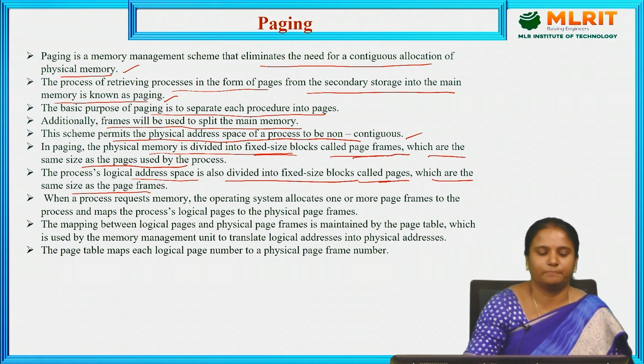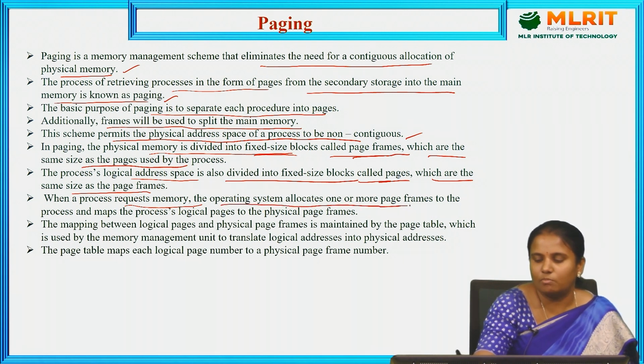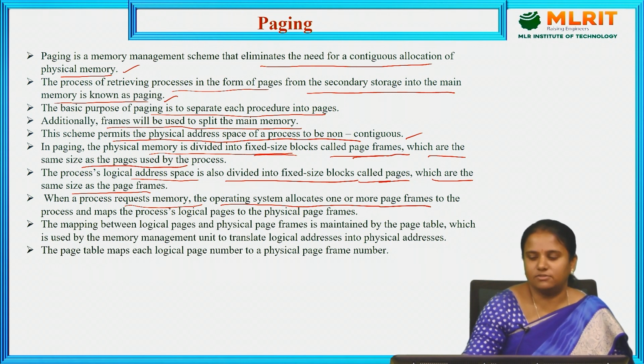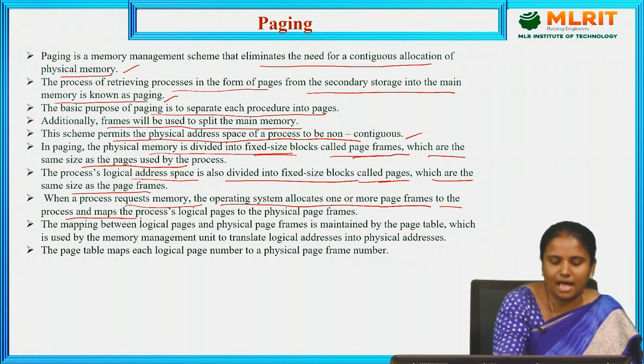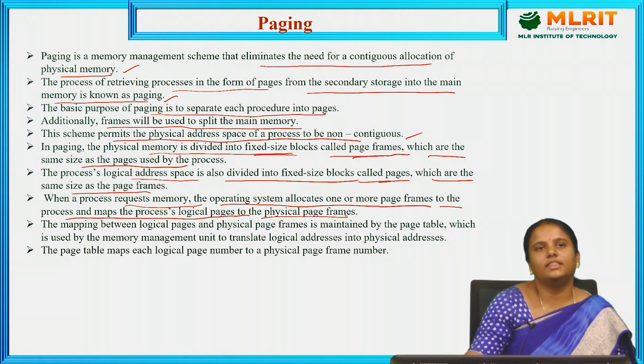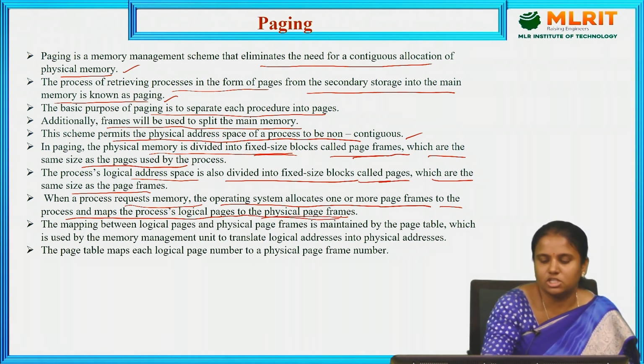When a process requires memory, the operating system allocates one or more page frames to the process and maps the process's logical pages to the physical page frames. So logical pages are mapped to physical frames.